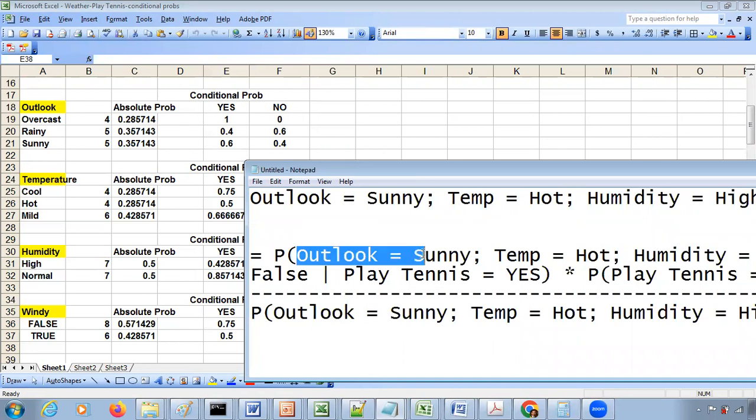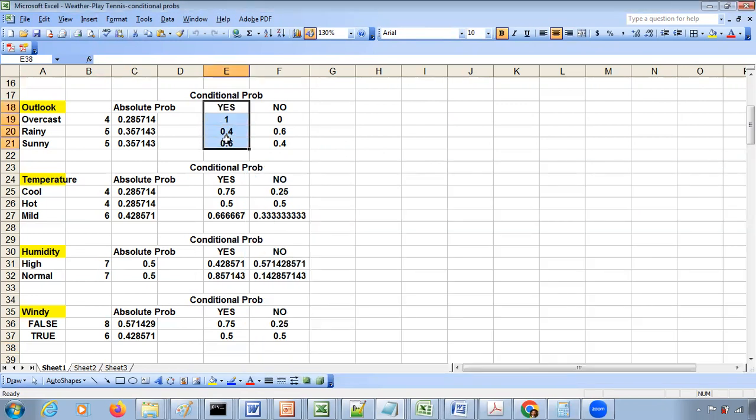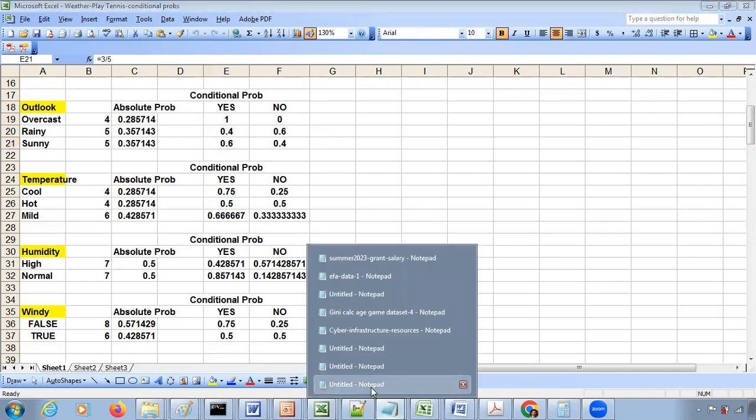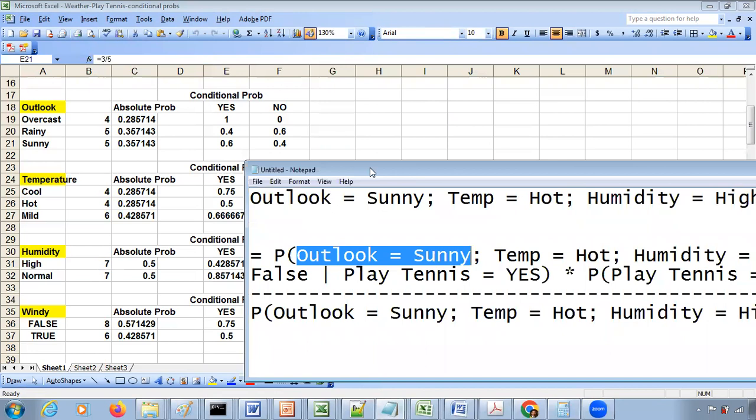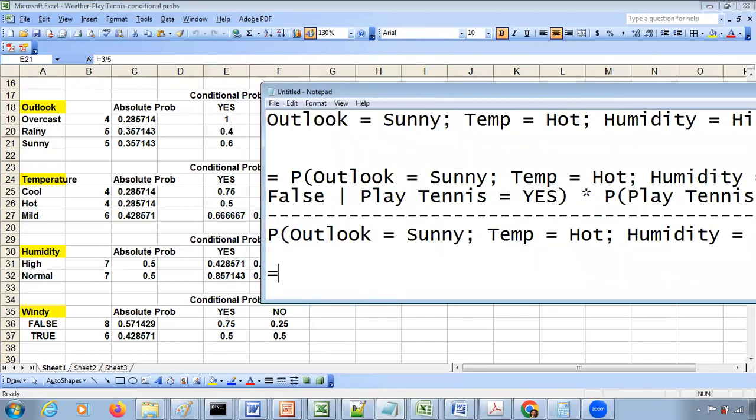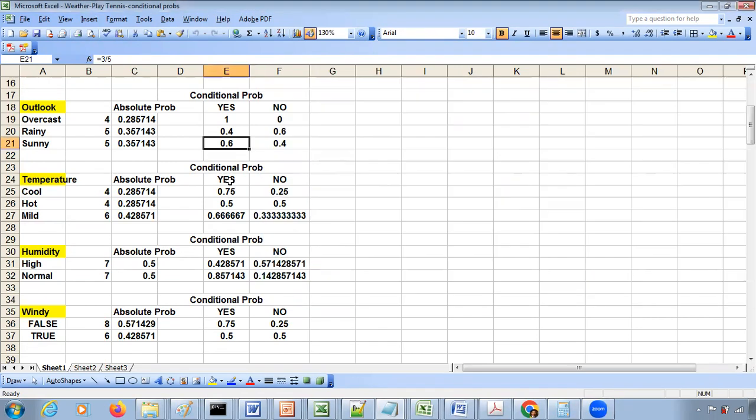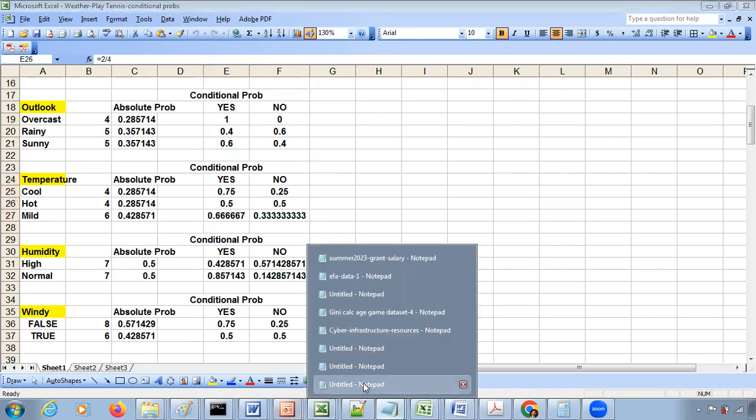What is the probability for outlook to be sunny when the class is yes? So this is the yes class, and the outlook is sunny is here. So the probability for that is 0.6, times temperature being hot when class is yes. Temperature hot is this thing, so that's 0.5.